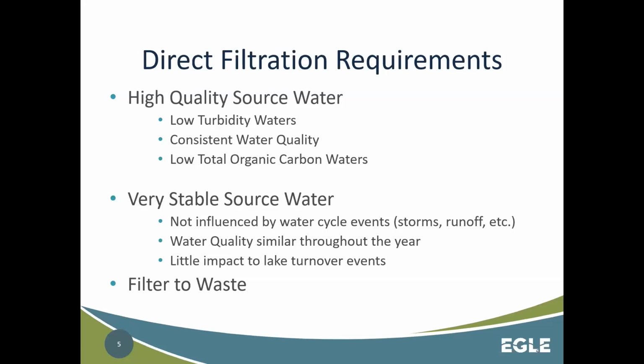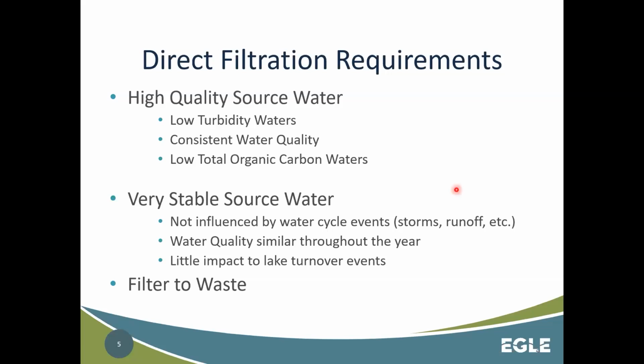And we're kind of blessed in the Great Lakes with good source water, and it's not uncommon to get that low of turbidity water. And then it also needs to be stable. So storm events, seasonal impacts can cause interruptions in source water quality. So we would need to have a source that is consistently good quality.